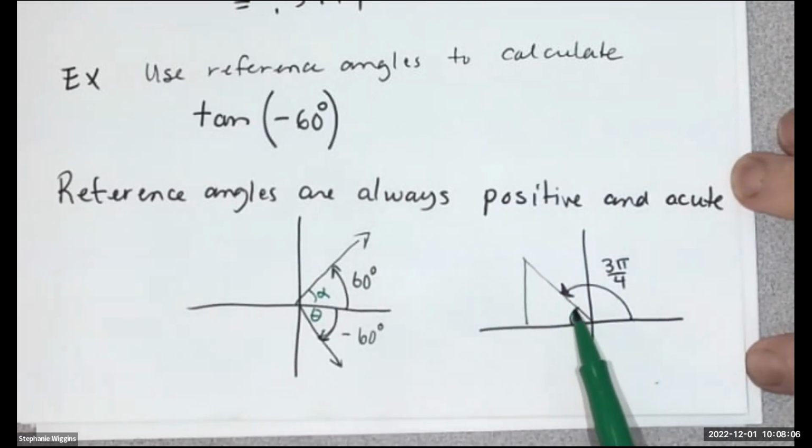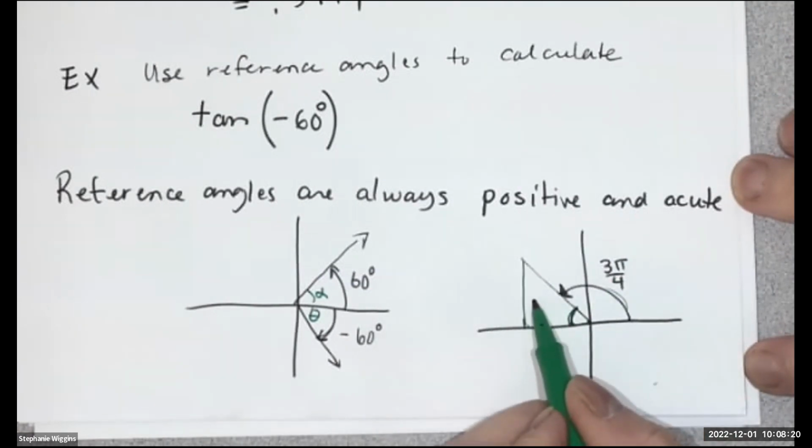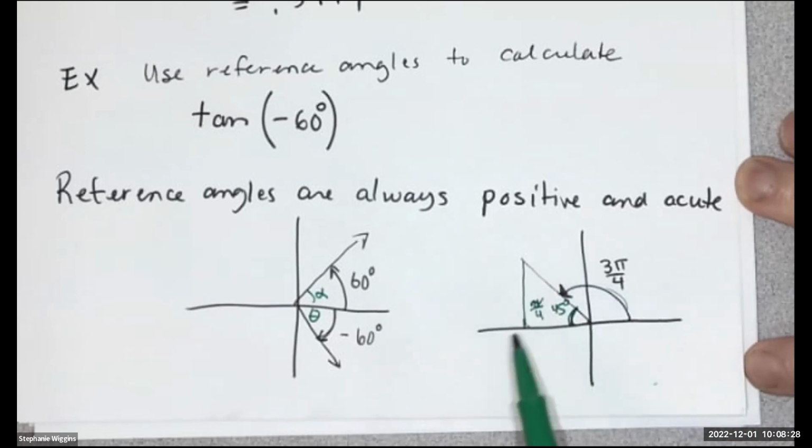And if you're just talking about inside this right triangle, the angles are all acute, right? So we know this is an acute angle. And the measurement is supplementary to this angle. So this is 135 or 3 pi over 4. This is going to be pi over 4 or 45 degrees. That's the reference angle. So it's acute.